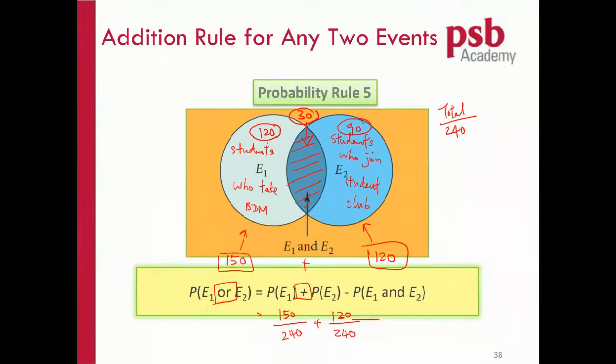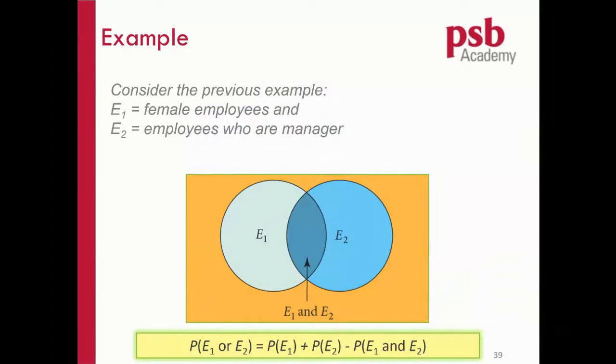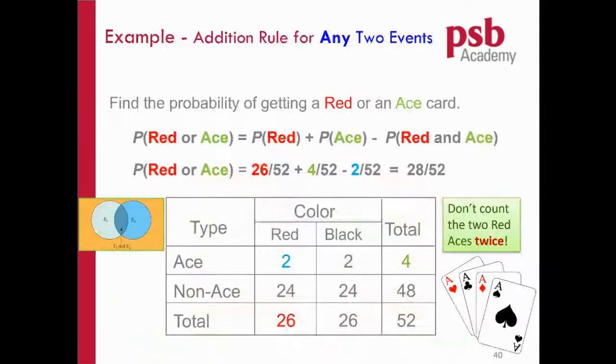But don't forget we have to minus off something. Yeah, that there are 30 students who appear in both. The 30 students are the students who appear in the BDM and also in the student club. At the same time they do both, so that is 30. Now you see 150 plus 120 is 270, minus 30, then you get 240. Right. So you just need to know the logic behind.